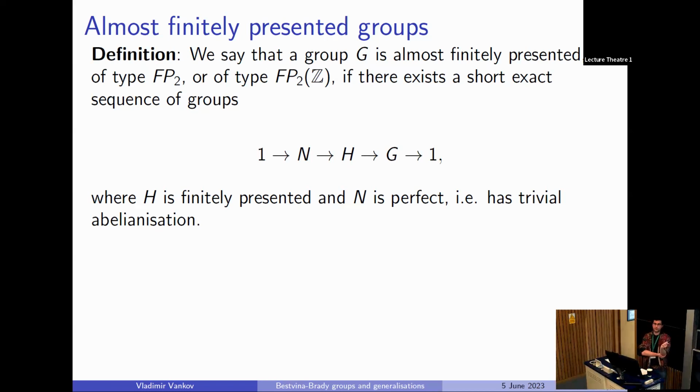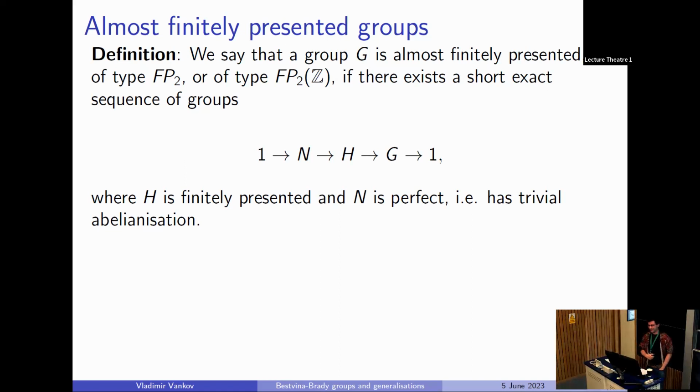Sometimes you want to specify a ring as well, because usually type FP2 is defined in terms of projective resolutions, and there it's important what the ring is. But if you take the ring to just be the integers, you can just say type FP2 or almost finitely presented. I tried very hard to find a definition that didn't use projective resolutions or the group ring. And I'll let you be the judge of whether I've succeeded.